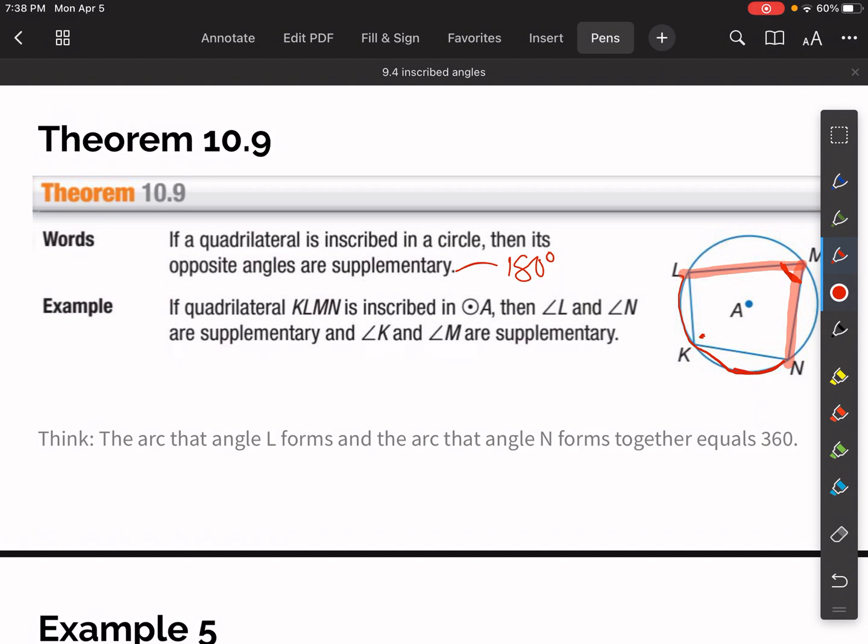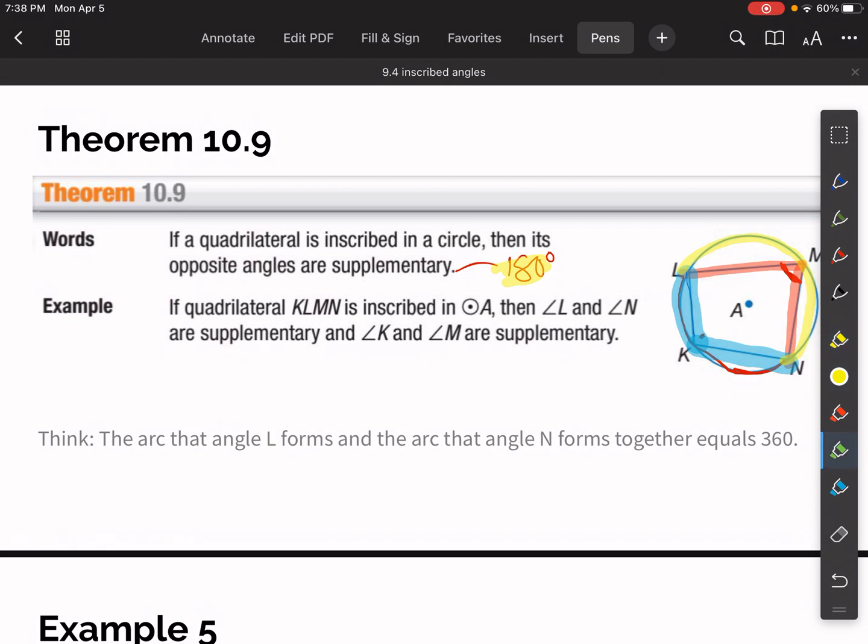And then if you look at K, I'll do this in blue. So K is this guy. Ooh, that's a little too thick, sorry. Then that gives you this piece. So together, those two give you the whole circle. So those two angles have to be half of 360 degrees, which is 180. That's the rule with the quadrilateral that's inscribed inside a circle.